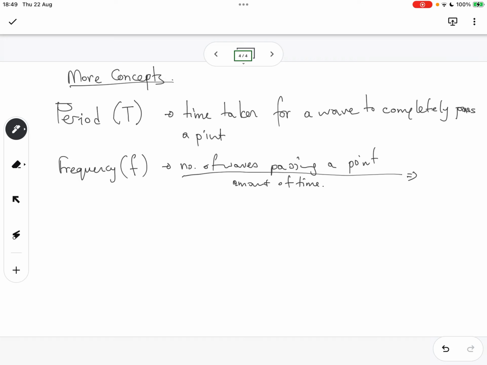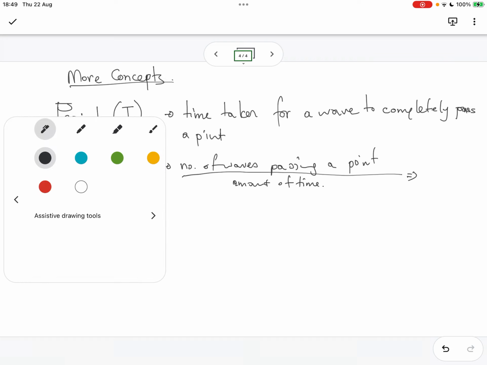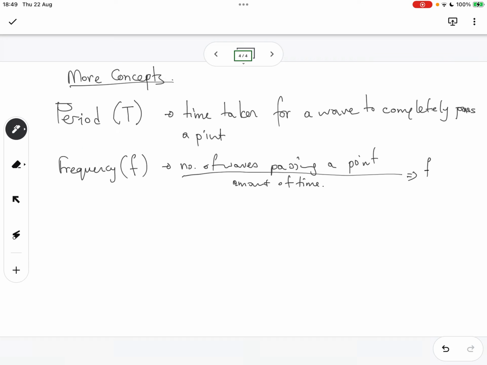So this means frequency is 1 over the period, and this means period is 1 divided by frequency.